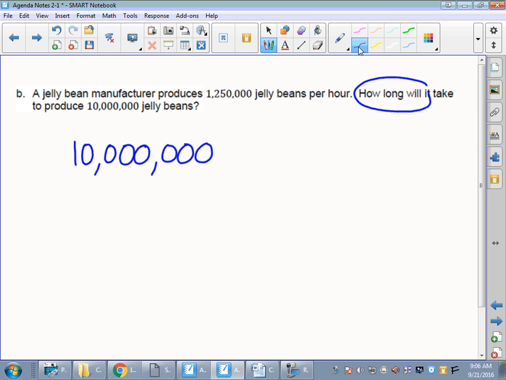And we know that they can do 1,250,000 per hour. And if we do that math problem, that's going to tell us how long it will take to produce those 10 million. So go ahead and do the math. I think this one comes out to a pretty okay number, doesn't it?